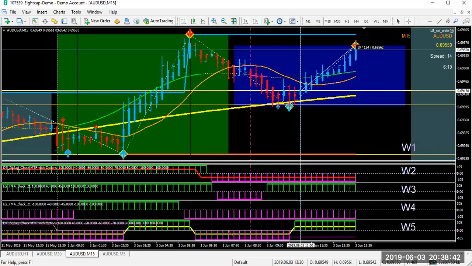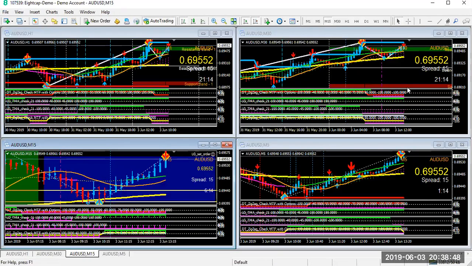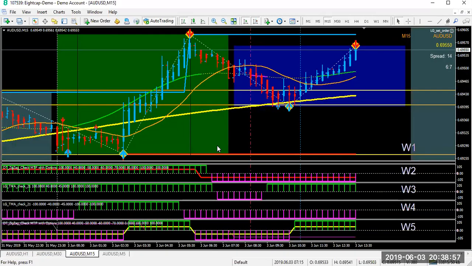Okay, a little bit more. Still pushing up. Okay, so we've got another 5-6 minutes for this candle to finish.